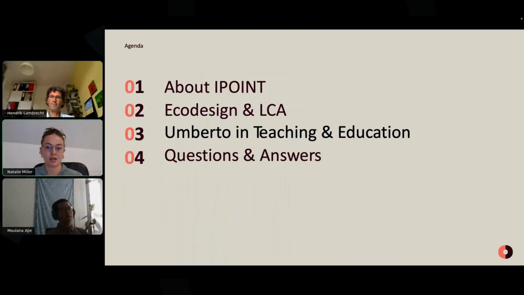Taking a quick look at our agenda today, in just a minute I'm giving you a quick intro on IPOINT in case you're new to us or you need a quick reminder on what it is exactly that we're doing. Then I'm going to hand over to my colleague Maulana Ajie. He is a sustainability consultant and LCA specialist at IPOINT. He's also an adjunct lecturer in EcoDesign and material energy flow analysis at SRH University of Applied Sciences.